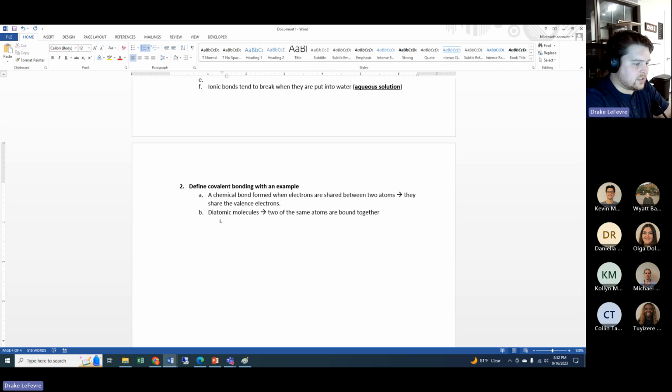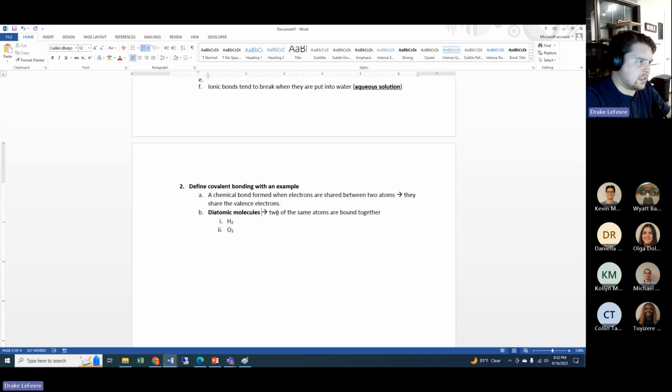For example, H2, where two hydrogens are bound together, or O2. That is a covalent type of bond known as diatomic molecules, and those are fairly common.